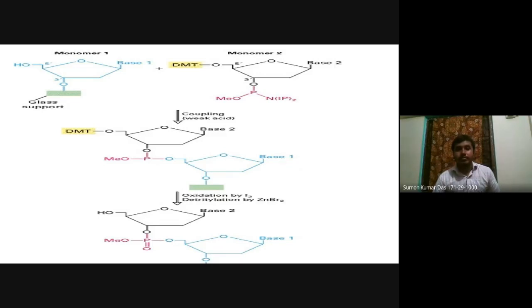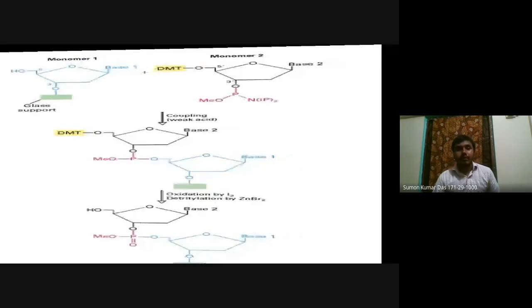The 5 position of monomer 1 is combined to the 3 position of monomer 2. Following this process, if we repeat this process again, then monomer 3, 4 are combined, and finally we get long oligonucleotide chains, our desired product. So the main purpose is fulfilled through this process.